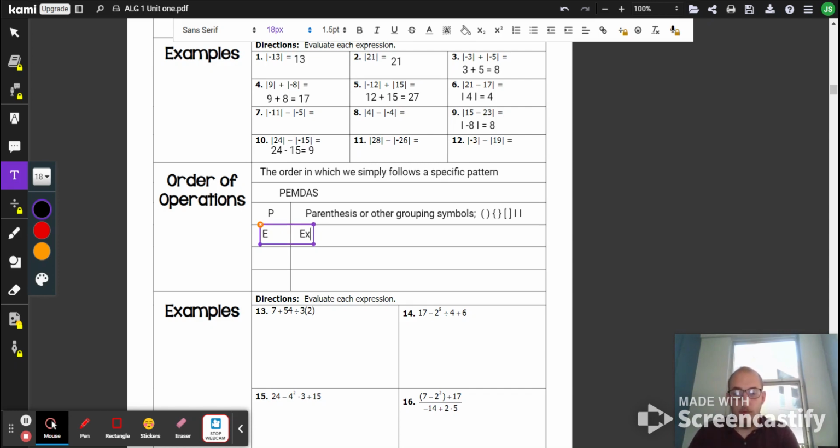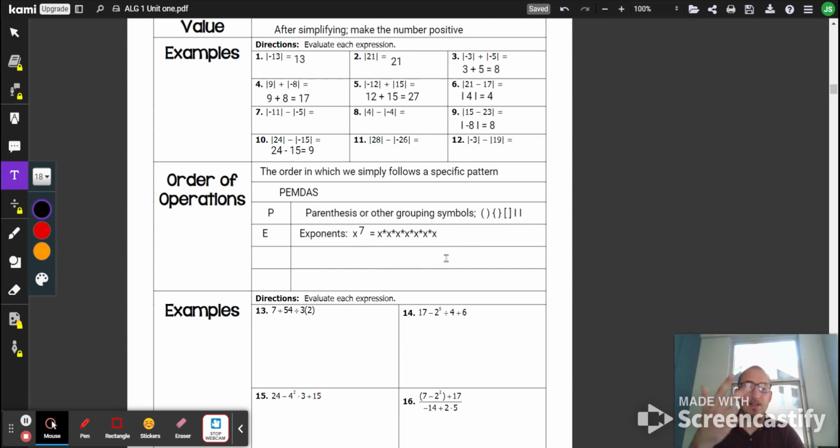Exponents are pretty simple. Do you remember what exponents mean? Exponents would be like if I said x raised to the 7th. I can't put a raised power yet, but I'll show you. It is x times x times x, that's 3, 4, 5, 6, 7. So x to the 7th is x times x, 7 times.